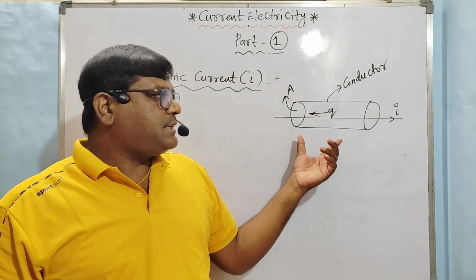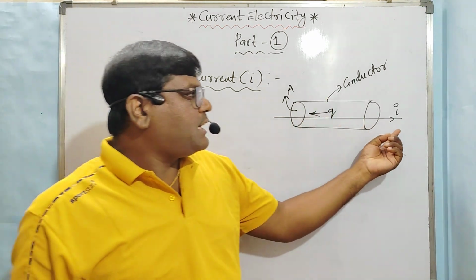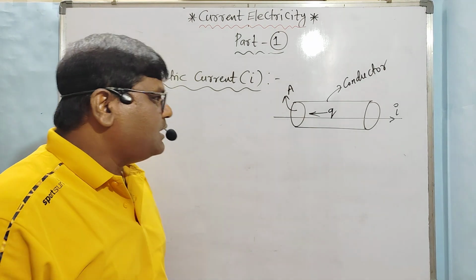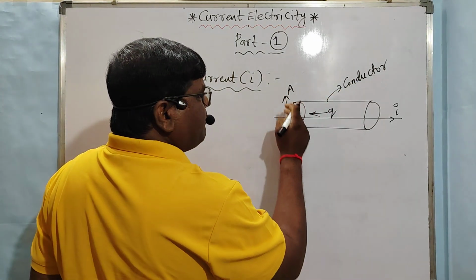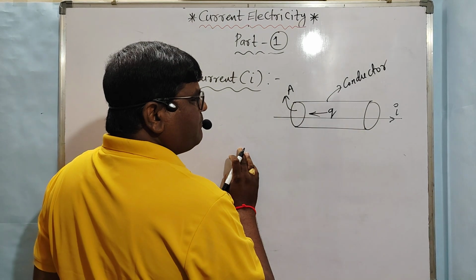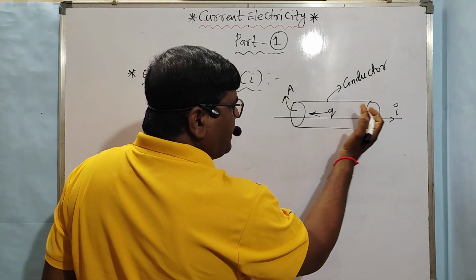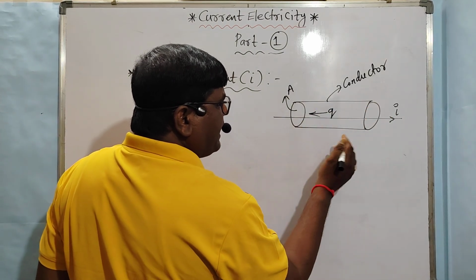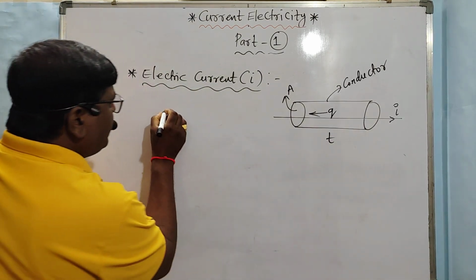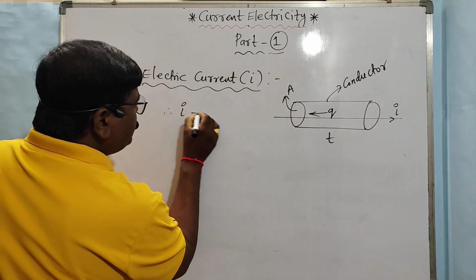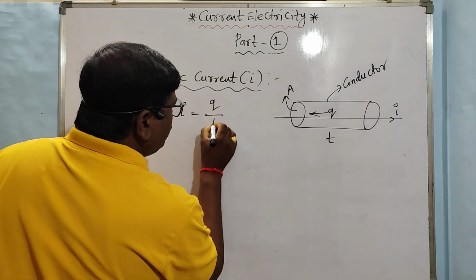But if you see here, conductors can allow the current through them, right? So in a wire of cross section A, if a charge Q is passing from here to here in a time interval of t seconds, that is defined as current I equal to Q by t.